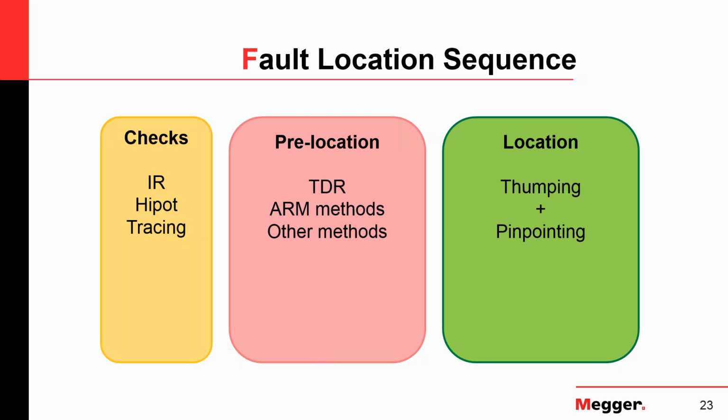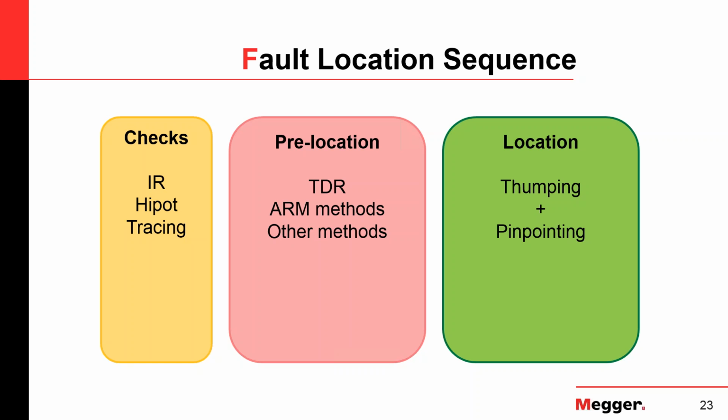Then we have the big block of pre-location, and within the pre-location we find the radar, the TDR, then the arc reflection methods, and then other methods which are more complicated. Once you're done, the pre-location gives you an approximate distance to the fault with very high accuracy, plus minus 1% in that range, but you never would dig a hole just based on the pre-location.